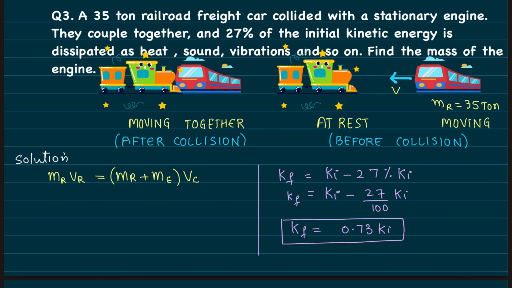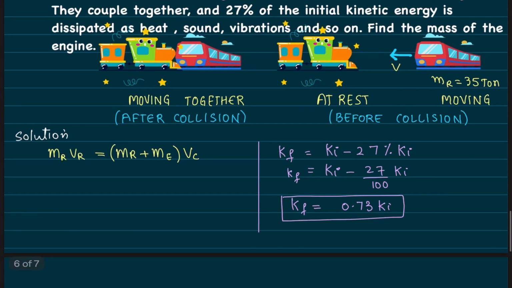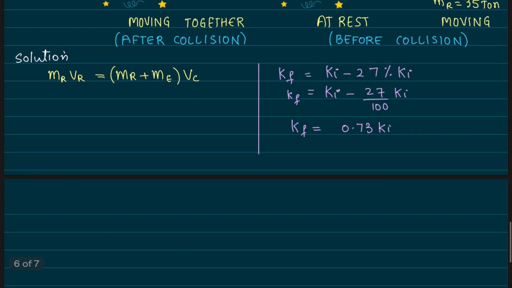Okay, the final kinetic energy can be written like this. The final situation is equal to 1 by 2 times the combined mass of the rail plus mass of the engine and the common speed squared, and the initial kinetic energy term is 0.73 times half mass of the rail and v1 squared, or velocity of rail squared.